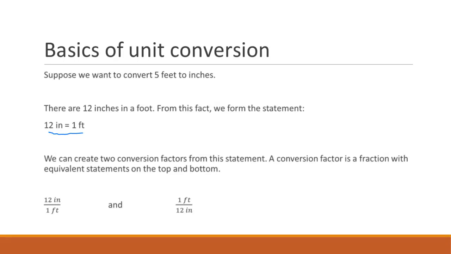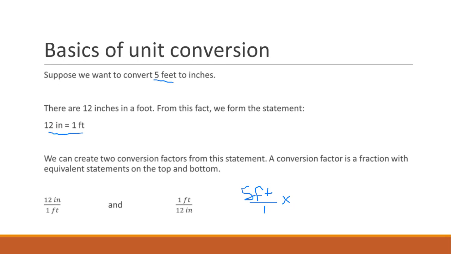So if we want to convert 5 feet to inches, then, and forgive my drawing here, we would say 5 feet is what we have, right? Over 1, because anything over 1 is itself, times, and we would need to select a conversion factor that's going to give us inches.